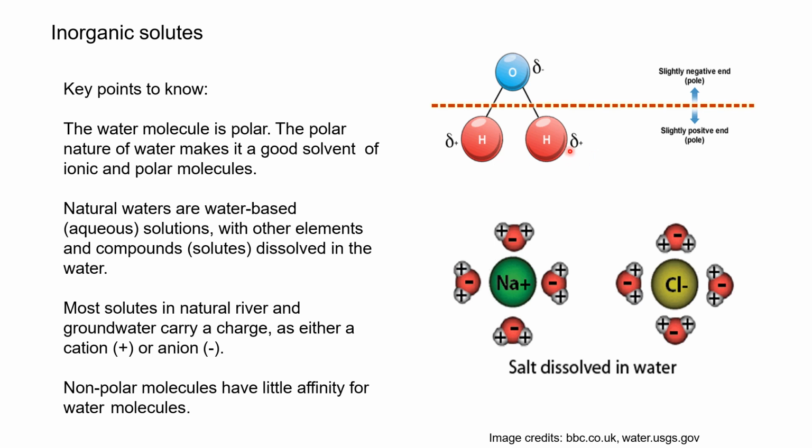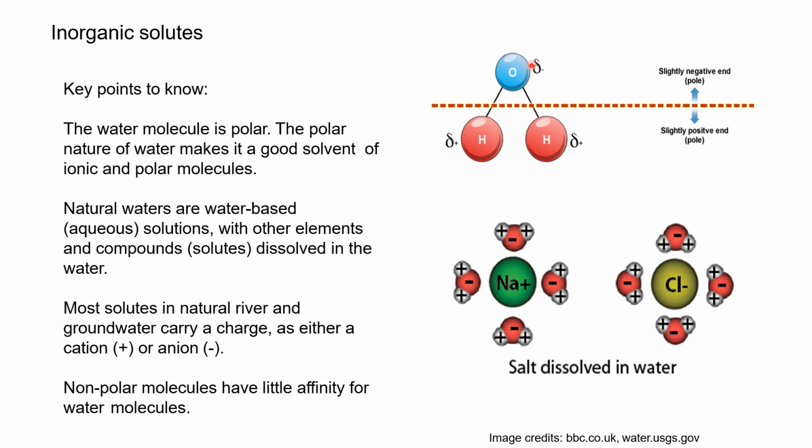Opposite charges attract, so if you have another element in the water which has a slight negative charge, it will be attracted to the slight positive charge of the hydrogen in the water. And if you have an element which is slightly positively charged, it would be attracted to the negative part of the water molecule.